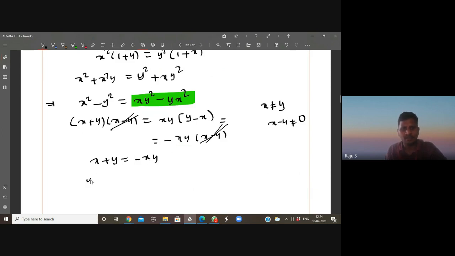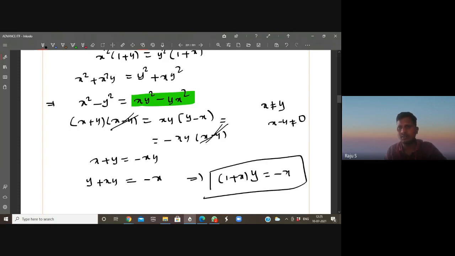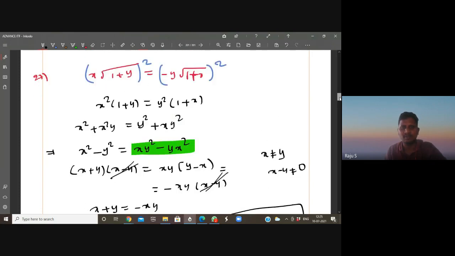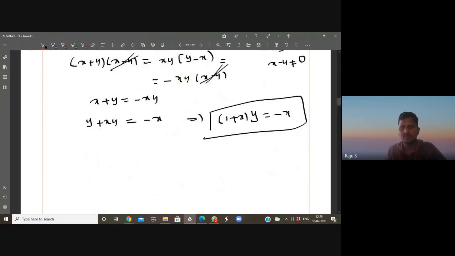So we'll write it like this: y plus xy is equal to minus x. It can also be written as 1 plus x into y is equal to minus x. Am I right? Now you can differentiate. Now it will become very easy. Is it clear, students?